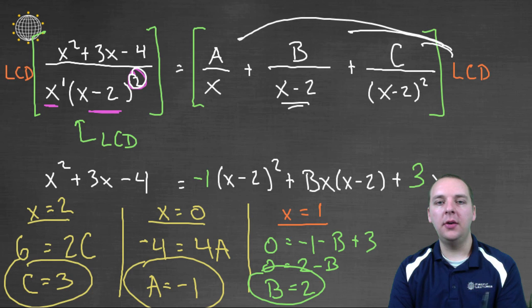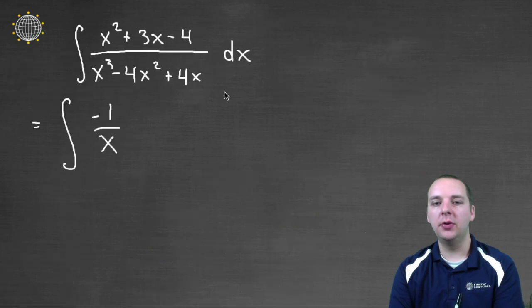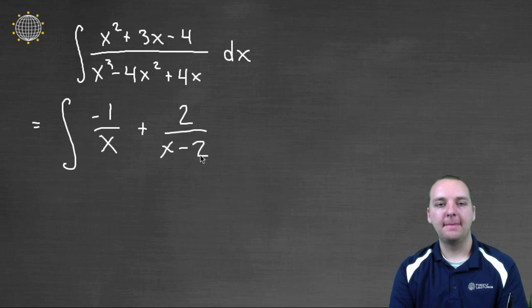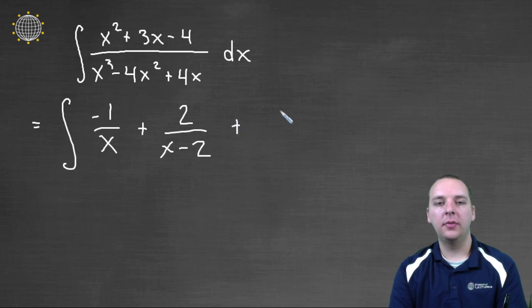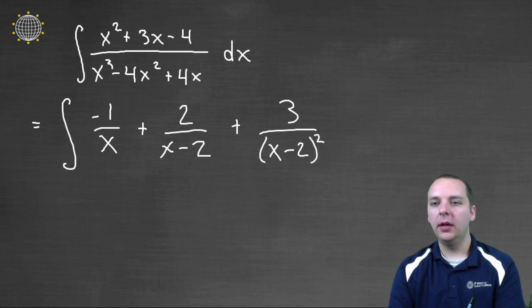We would have b over x minus 2, so 2 over x minus 2. And lastly, c over x minus 2 squared, so it would be 3 over x minus 2 quantity squared. And let's see what that would lead to.